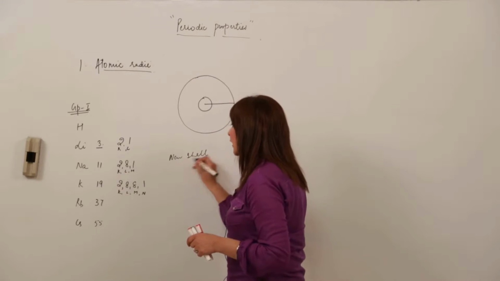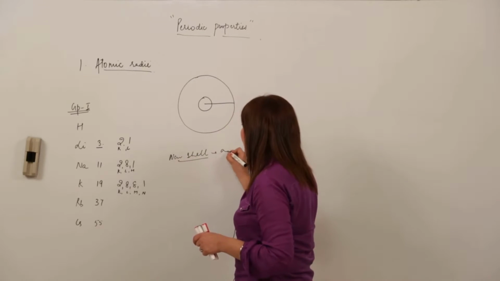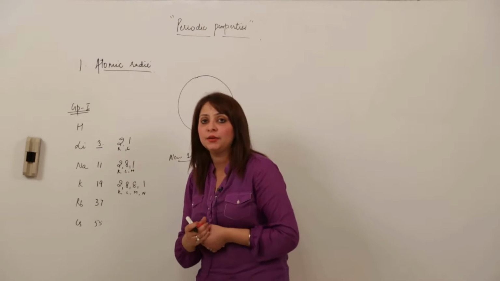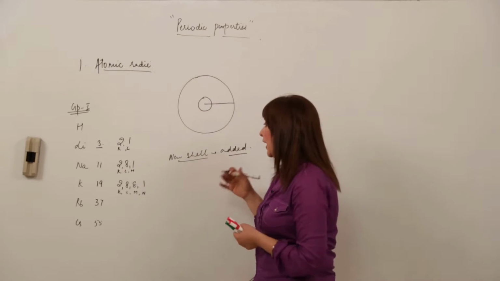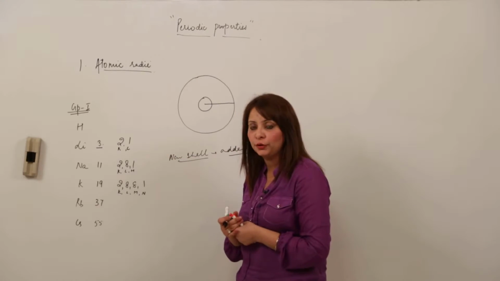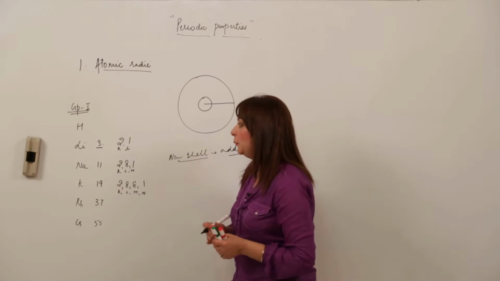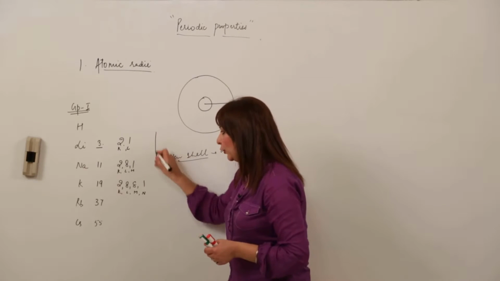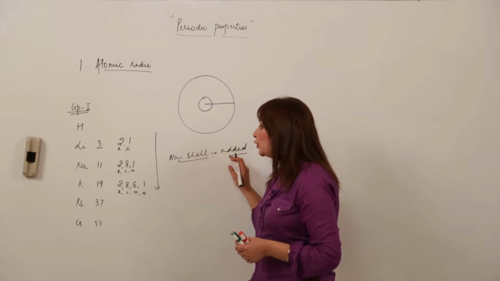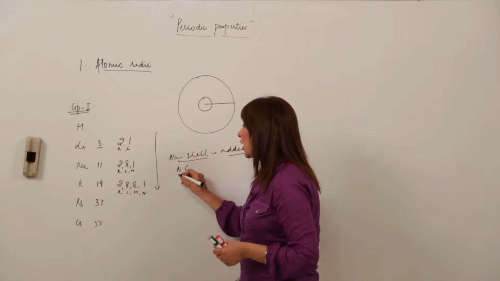Every time a new shell is added. So what happens when a new shell is added? The size goes on increasing as we move down the group. Again, as we move down the group, every time a new shell is added, due to which the nuclear charge decreases.